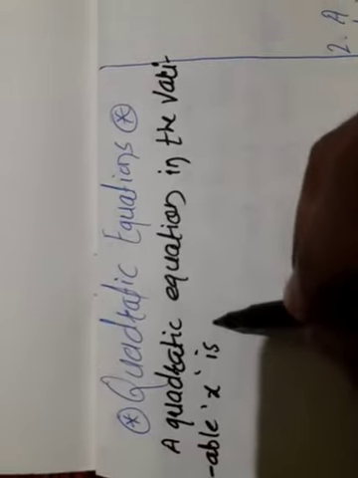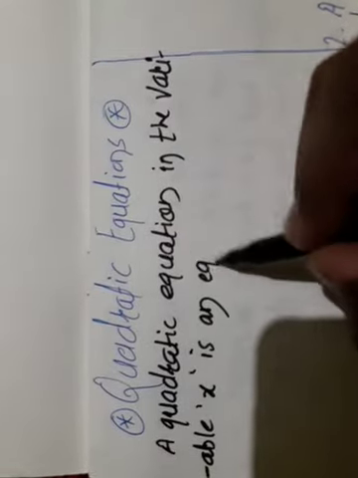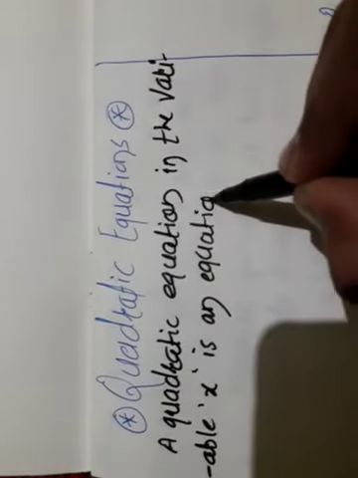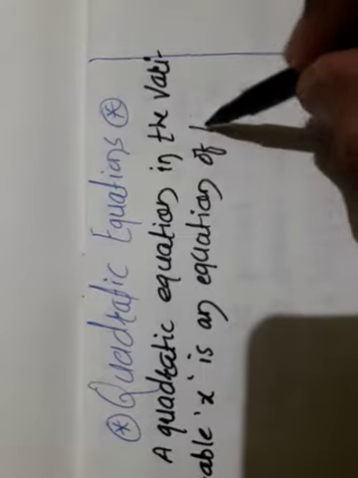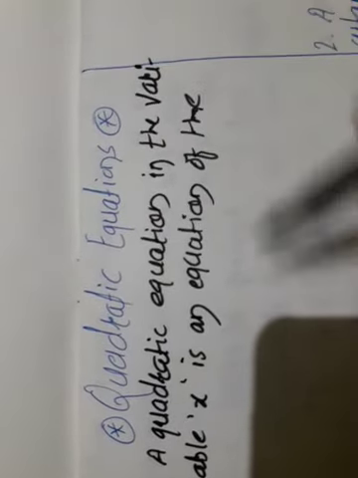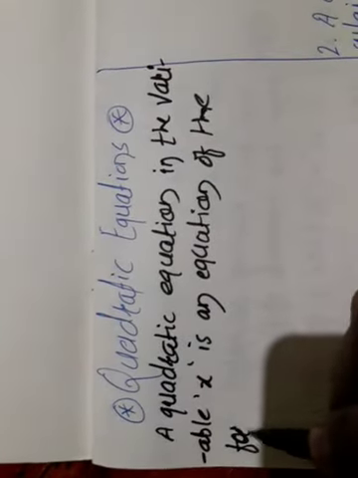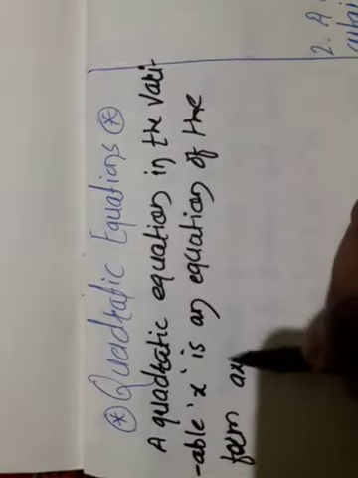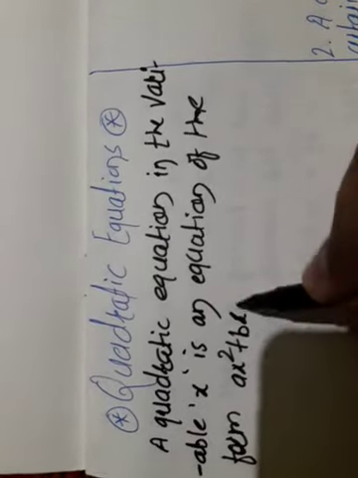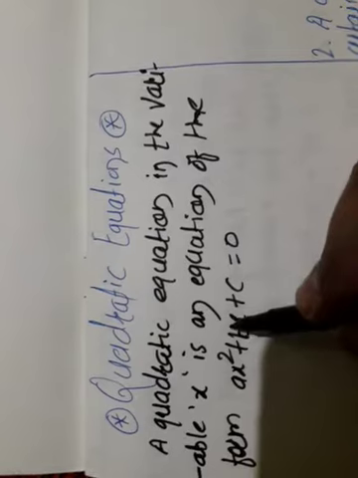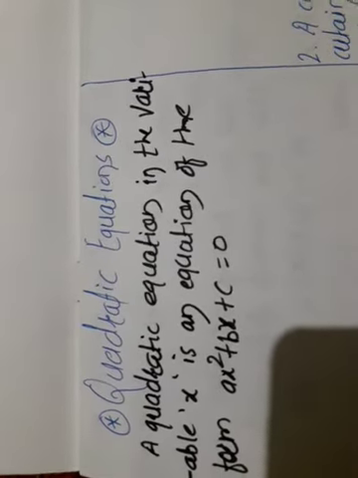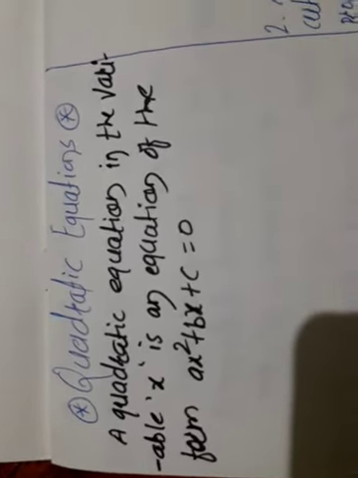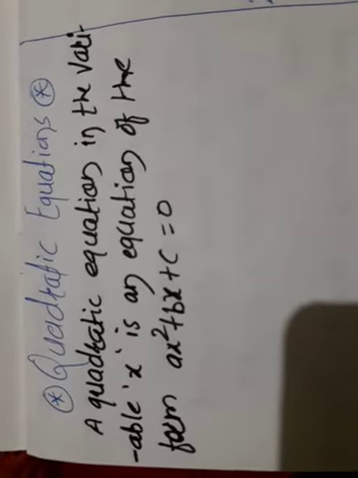Try to understand the definition. An equation of the form ax square plus bx plus c is equal to 0. Read once again.